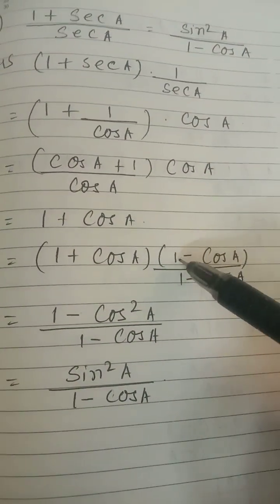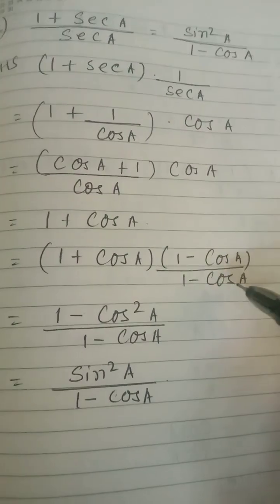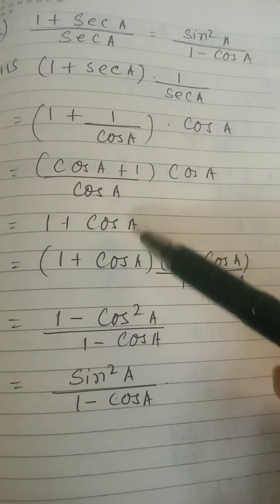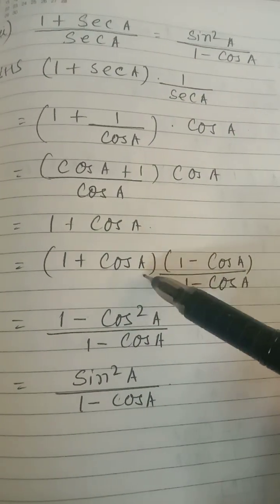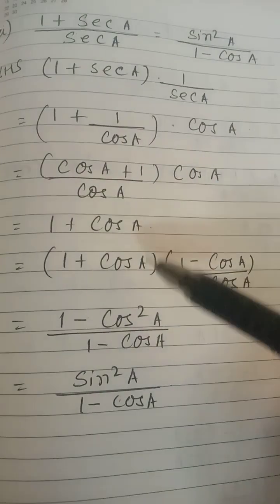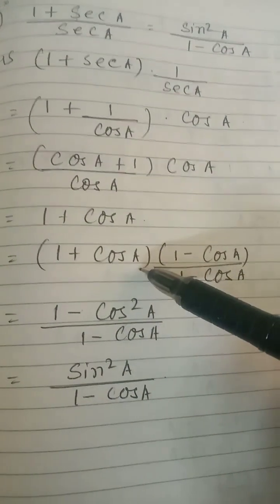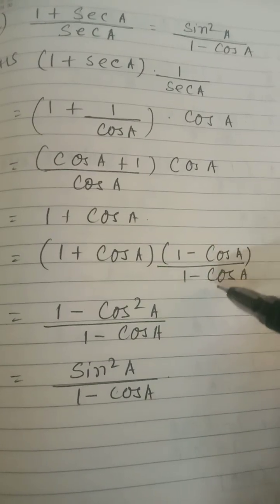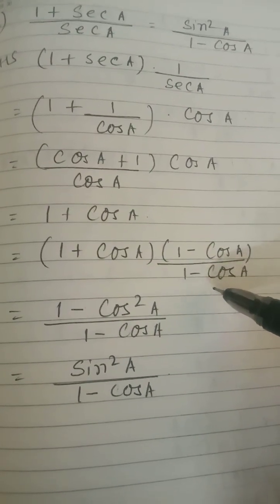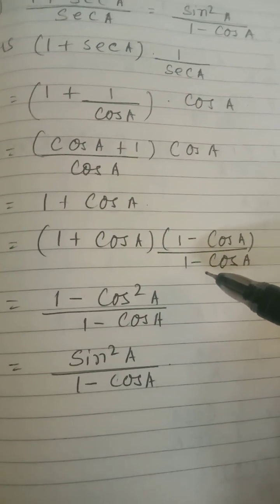So we will multiply 1 minus cos A by 1 minus cos A, so that this expression's value will not change. To get this answer, we will be multiplying with the same thing, 1 plus cos A into 1 minus cos A by 1 minus cos A.